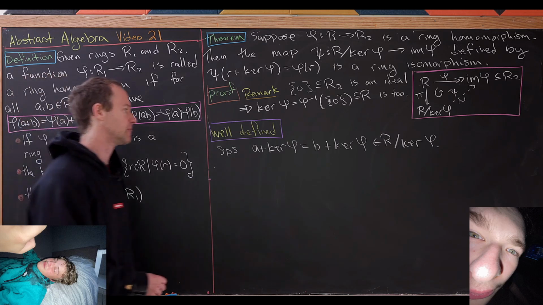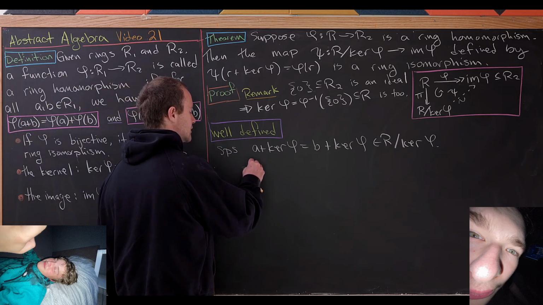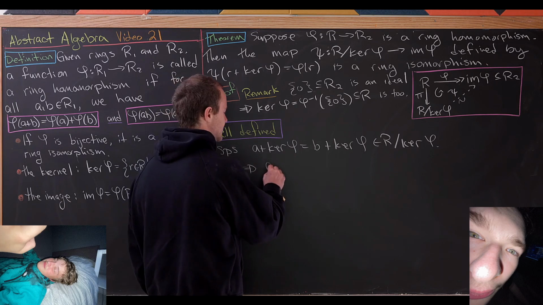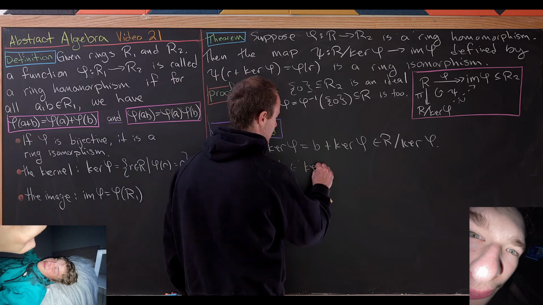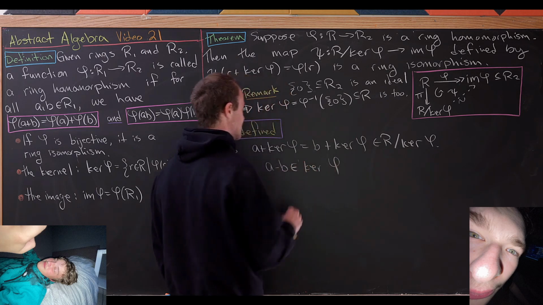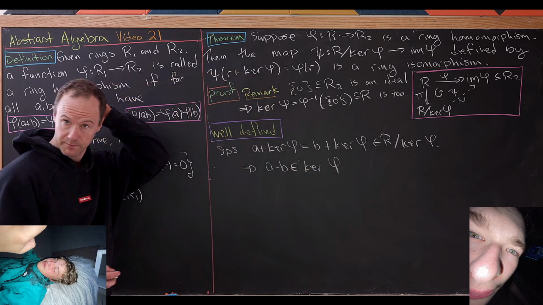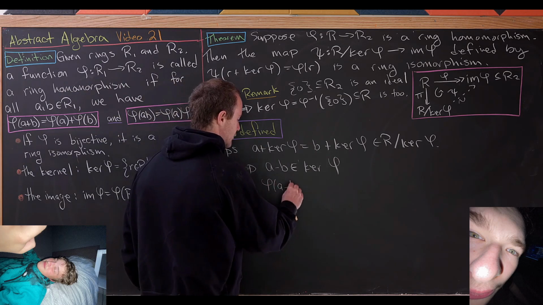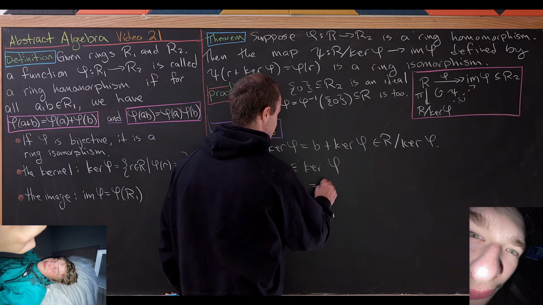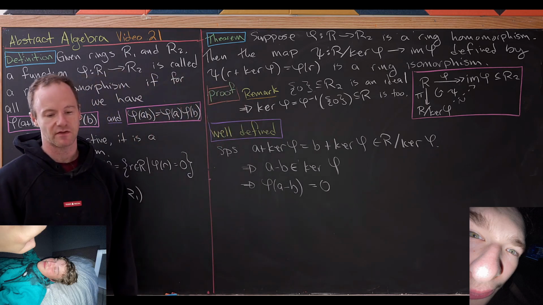Okay, but now by the coset equality theorem, we know this means that A minus B is an element of the kernel of phi. Again, that's by the coset equality theorem. But now we can apply phi to this, and we'll get phi of A minus B is equal to 0. That's what it means to be in the kernel.